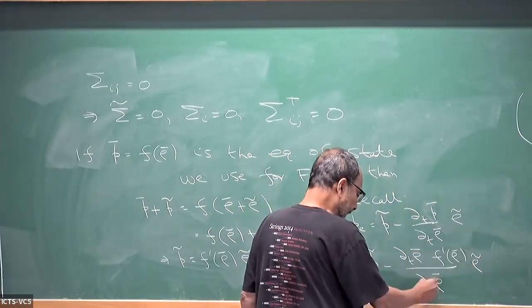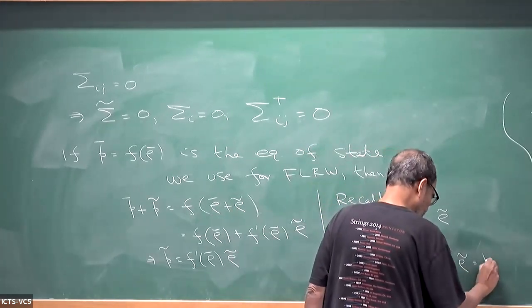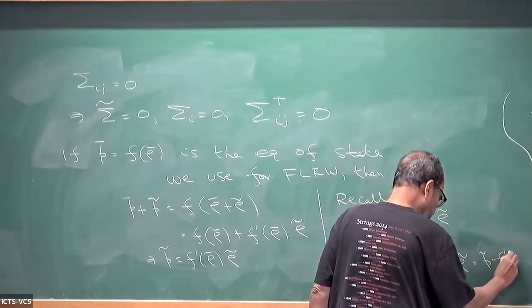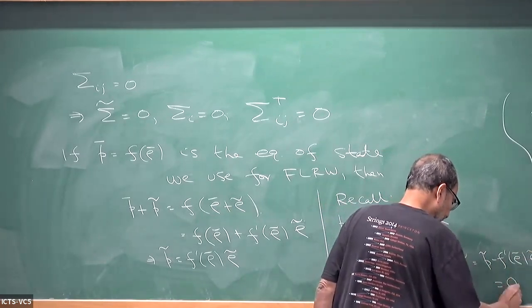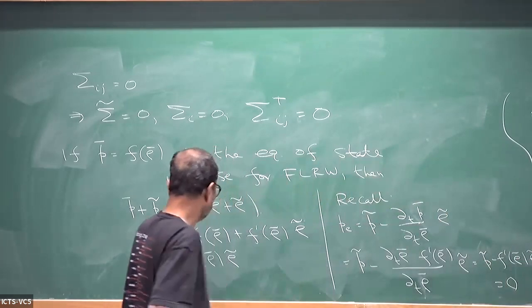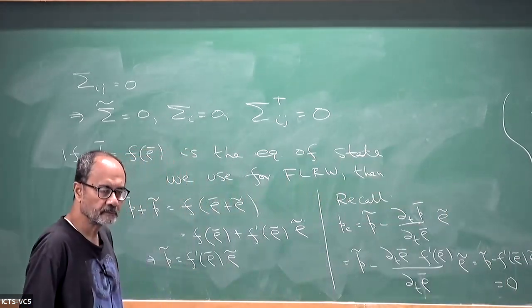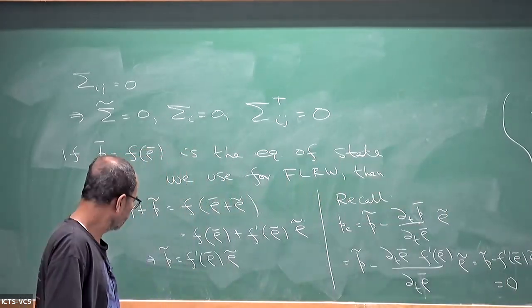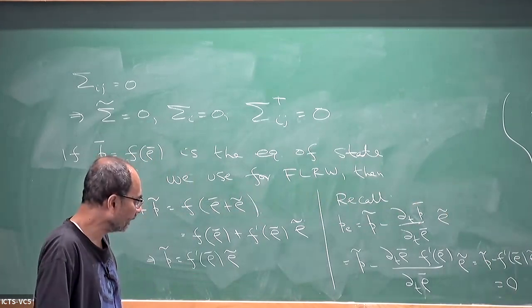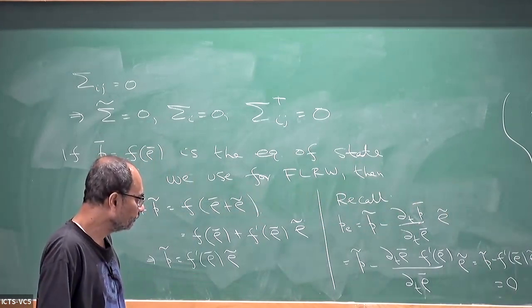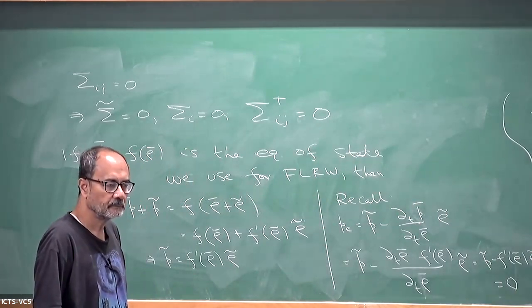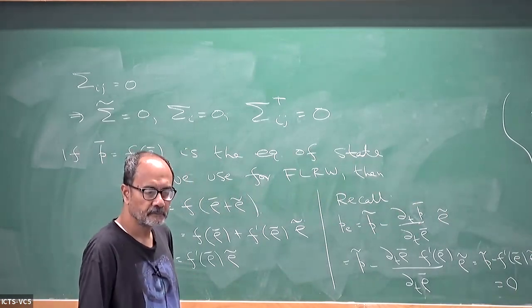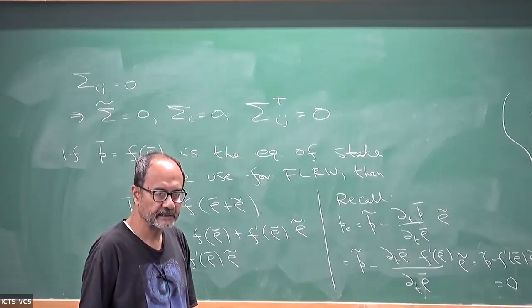And now the del T of rho bar cancels. So this is P tilde minus f prime of rho bar times rho tilde. And this is equal to 0 by this condition, that P tilde is f prime of rho bar times rho tilde. Is this clear?